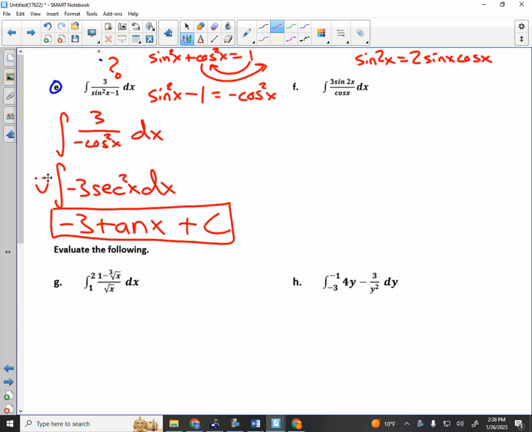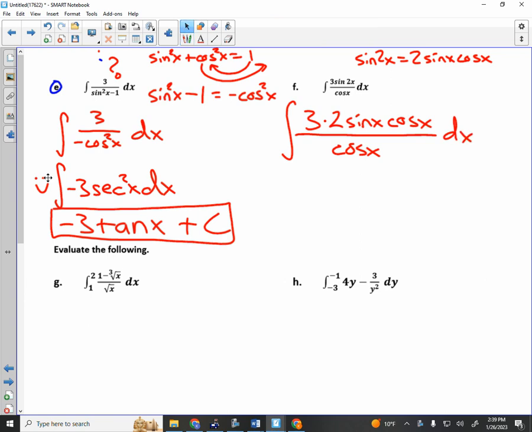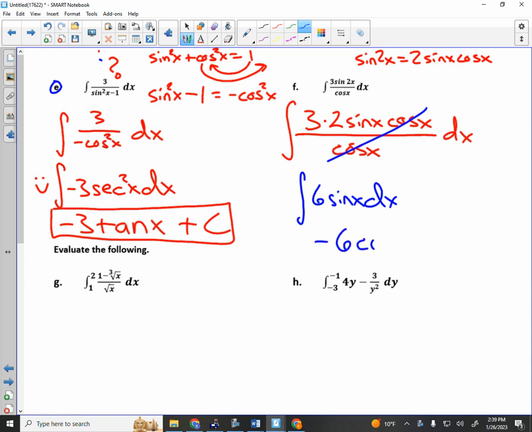So therefore, we have 3 times 2 sine of x cosine of x over cosine of x, that integral dx. Now that I've rewritten it, I notice that the cosines cancel, and I have the integral of 6 sine of x dx. The antiderivative of sine is negative cosine, so I have negative 6 cosine of x plus a constant.